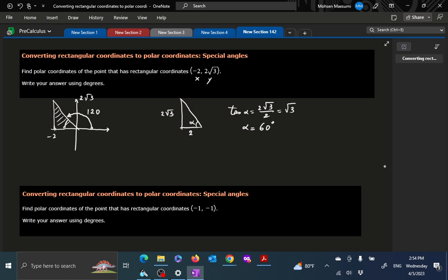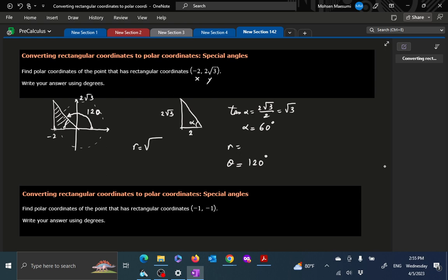Of course, we can actually give multiple answers. I can go around, add another 360 to this 120, and that's still going to be correct, but let's not make it any more complicated. So in this case, theta is the critical issue. Theta is 120 degrees. How about r itself? I have the x and y. R is the easier one.